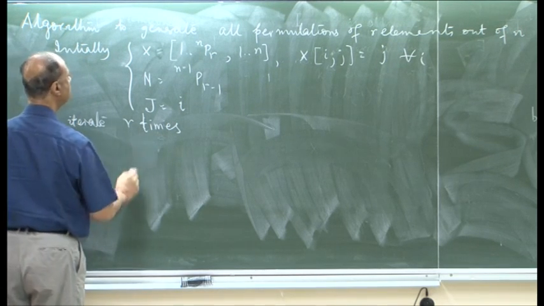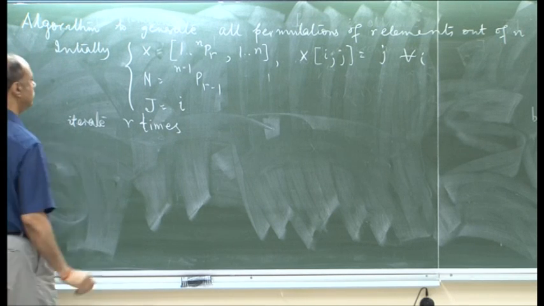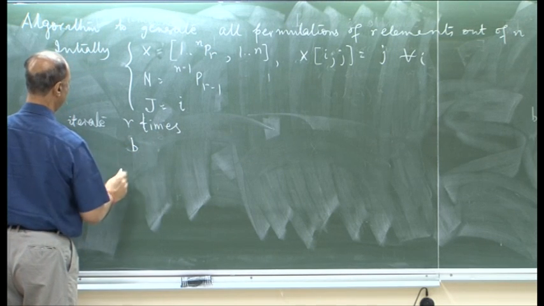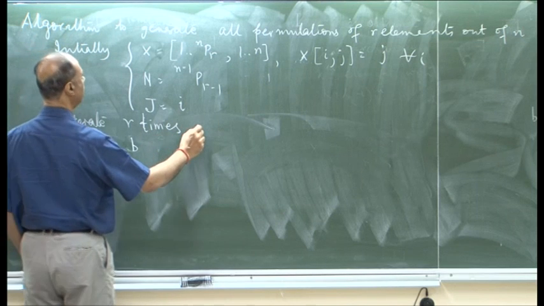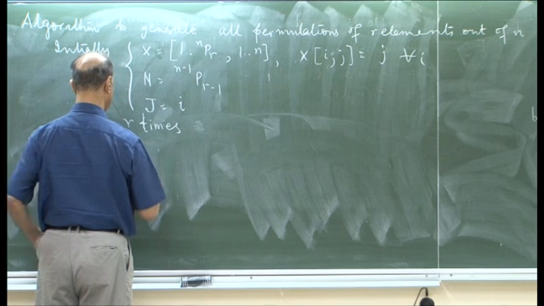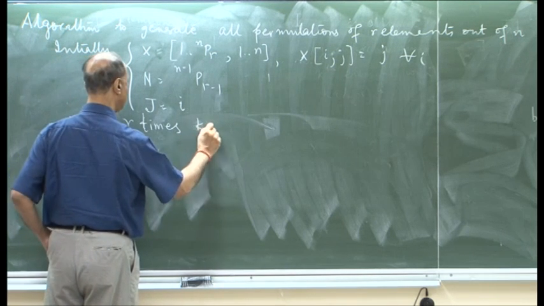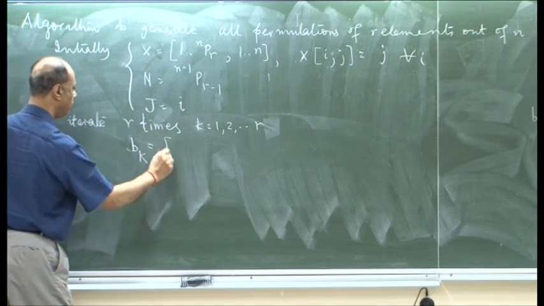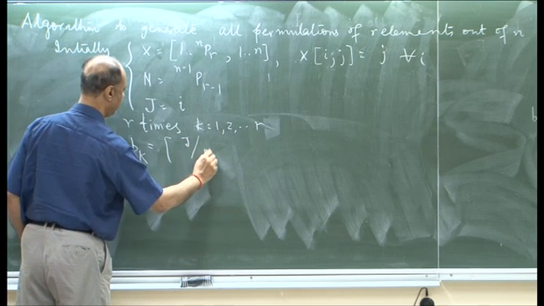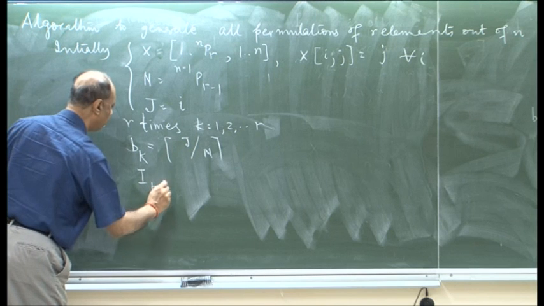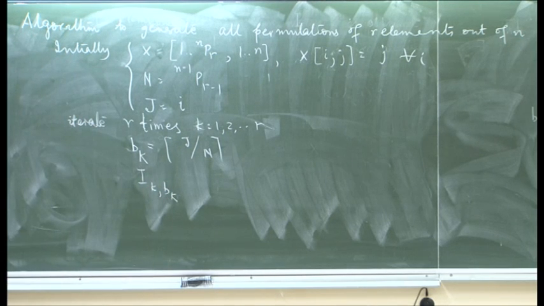First, you find out the new j, or group number, r times, let's say k equals 1 to r. So bk I have to find out. bk is nothing but j divided by n. That will give you the group number. Then you do the interchange of k with bk.